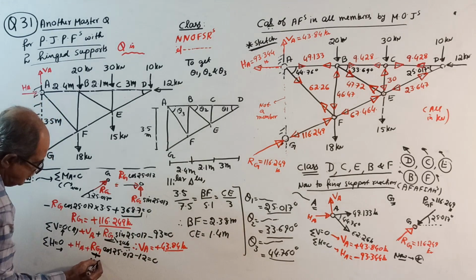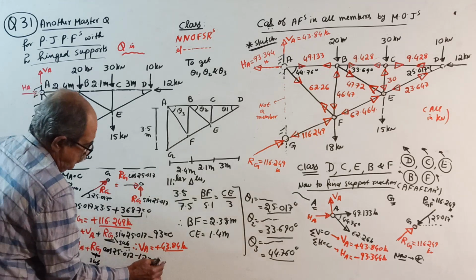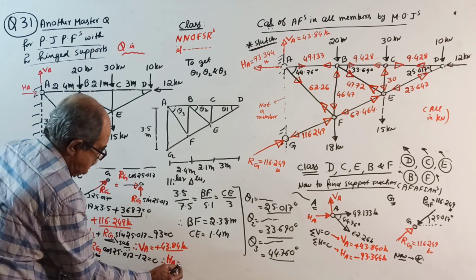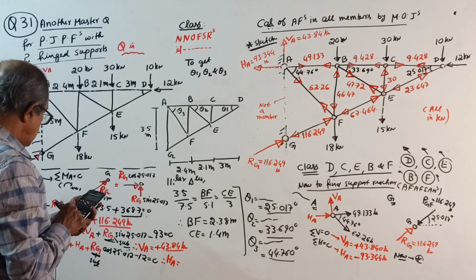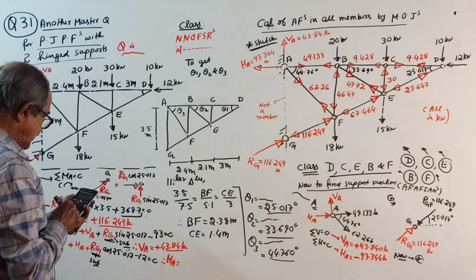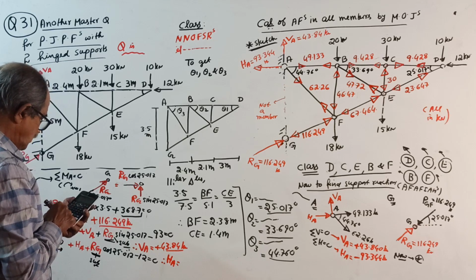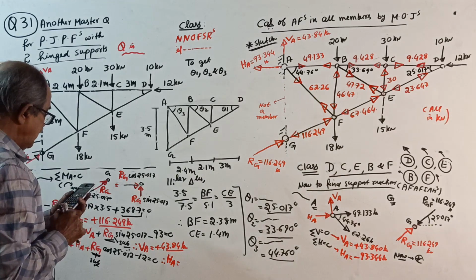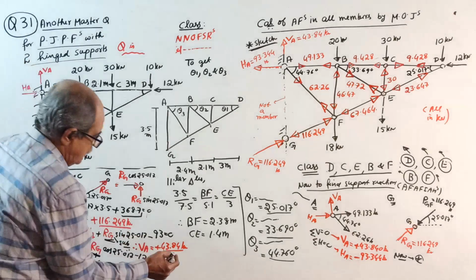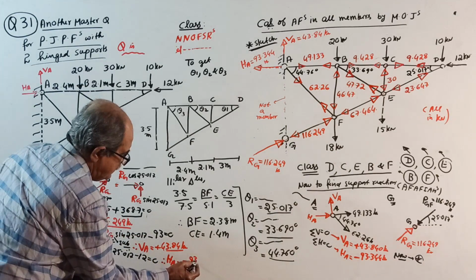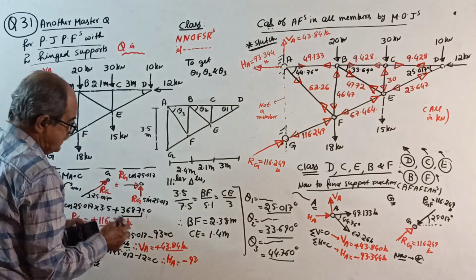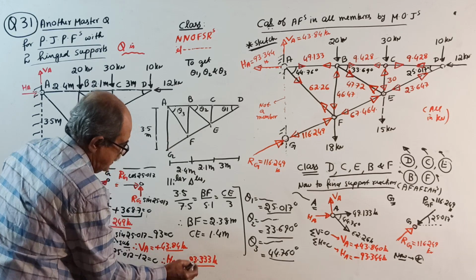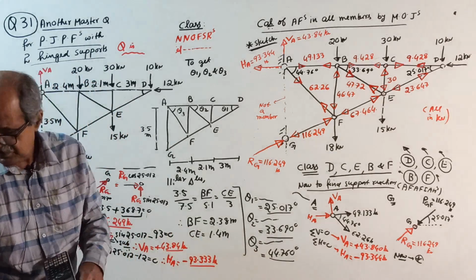Substitute for Rg value, therefore you get the value of HA. 116.249 into cos of 25.017 minus 12 is 93.333 kilonewton. Okay, now you should do it.